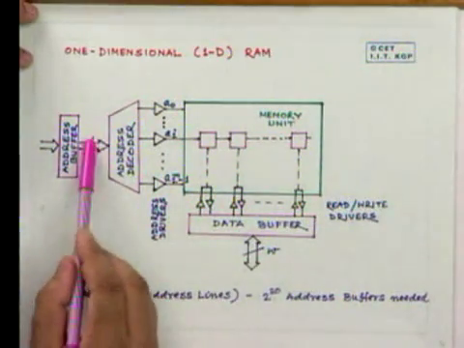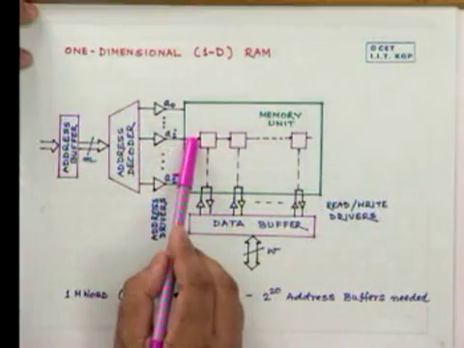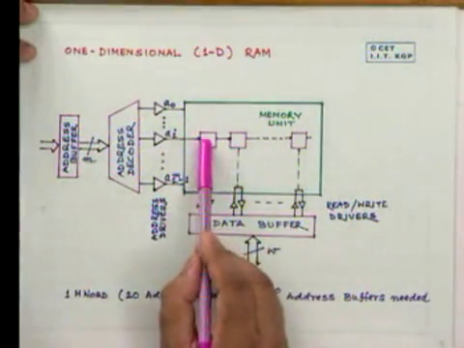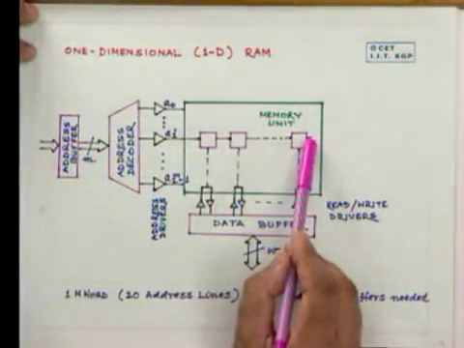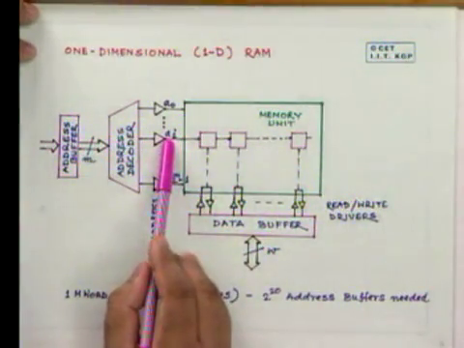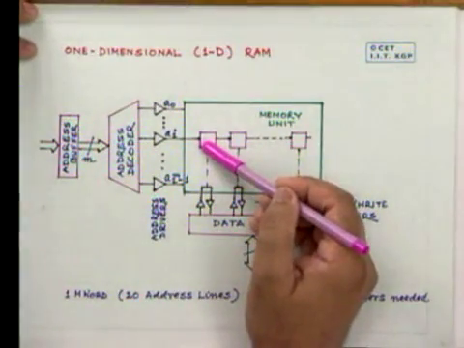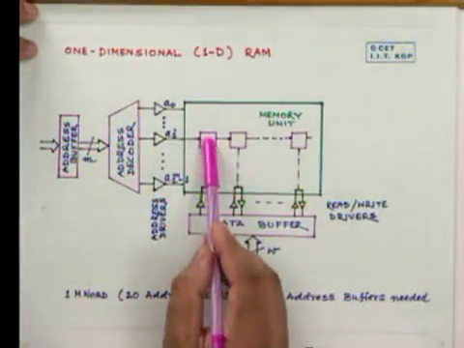Depending upon a particular combination of the address here, a particular line turns out to be active, and therefore the cells in that line, being driven by the same address driver, will be active. The data will be either read from the cell or written into the cell.